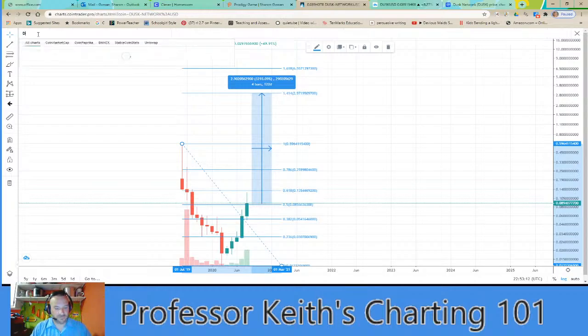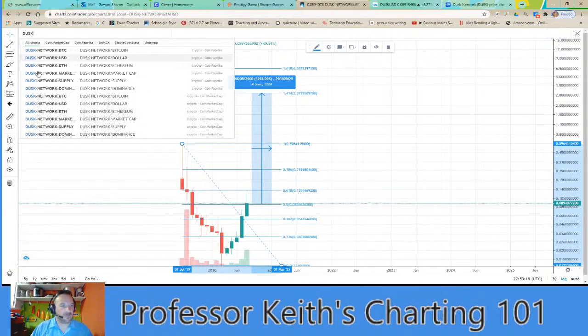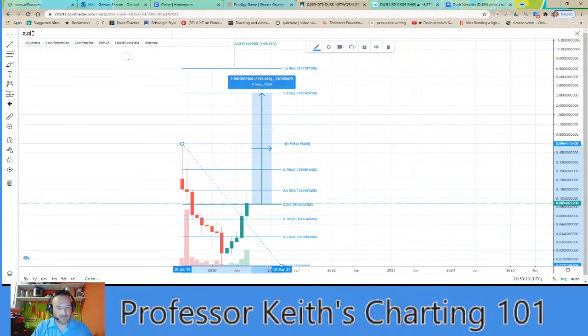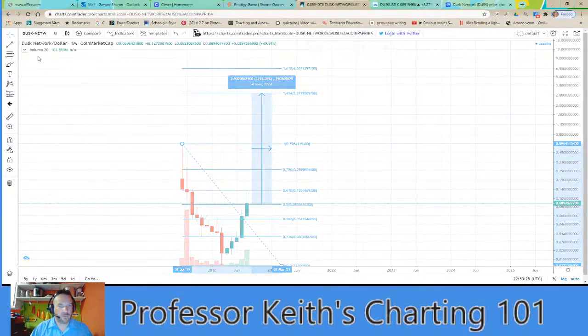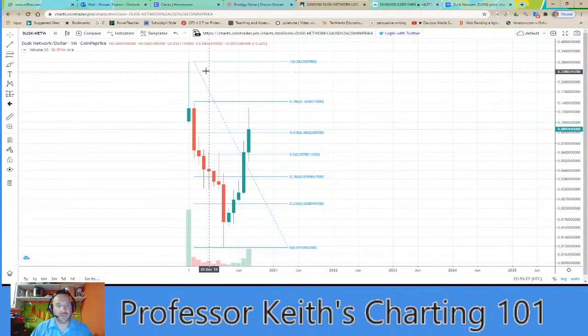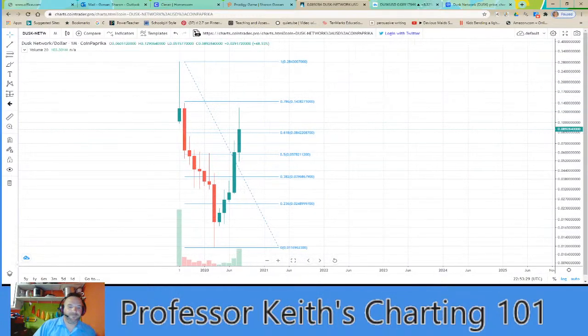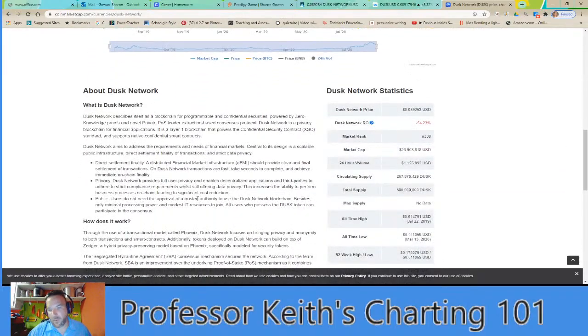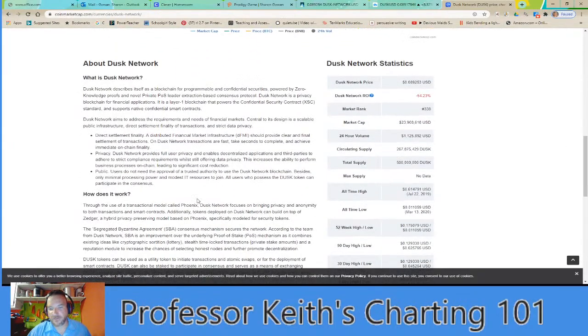Let's look at... That's CoinMarketCap showing 60 cents. Coin Paprika shows 28 cents. Which one do we go by? Scroll down lower, it shows on the sidebar. Oh, well, thank you, know-it-alls.